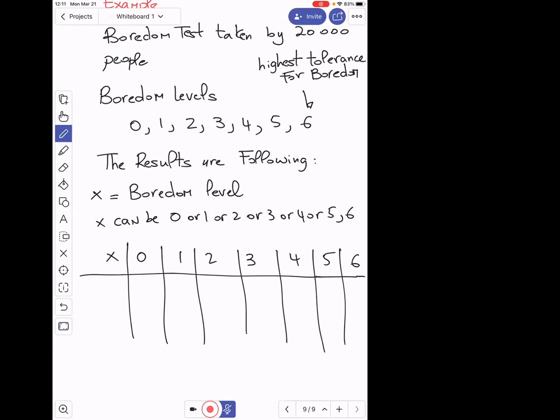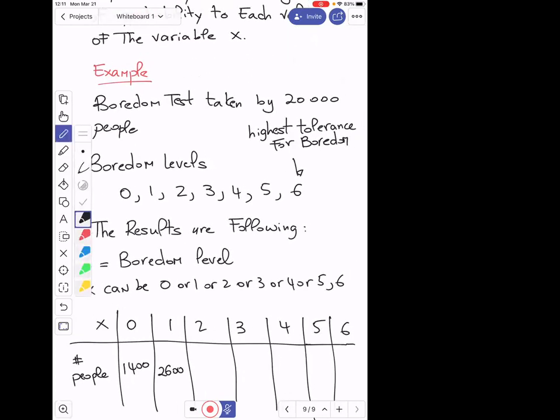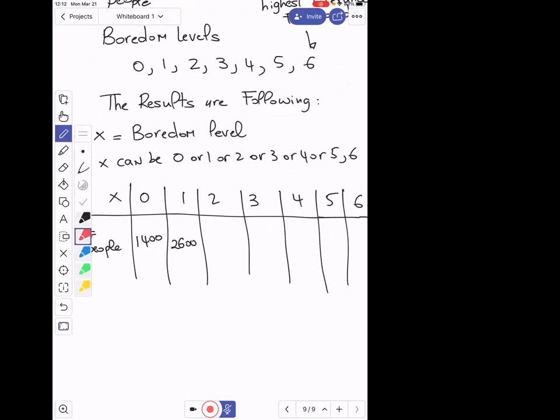Now you count. For each boredom level, of course, you're gonna count how many people. So this is a number of people. Let's say the number of people with boredom level equal to 0 is 1,400. With boredom level equal to 1 is 2,600 out of 20,000, the size of the sample.